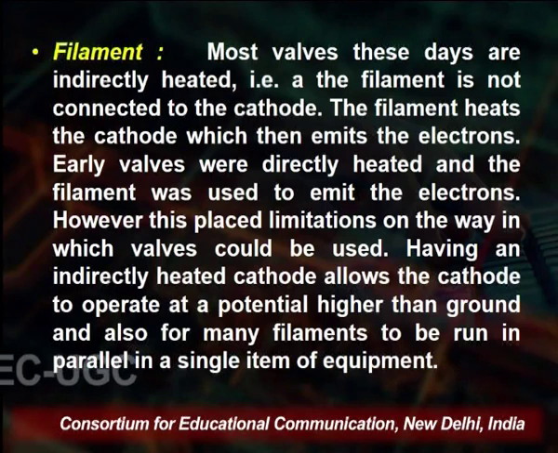Early valves were directly heated, where the filament itself was used to emit the electrons. However, this placed limitations on the way in which the valve could be used. Having an indirectly heated cathode allows the cathode to operate at a potential higher than the ground, and also allows many filaments to be run in parallel in a single item of equipment.